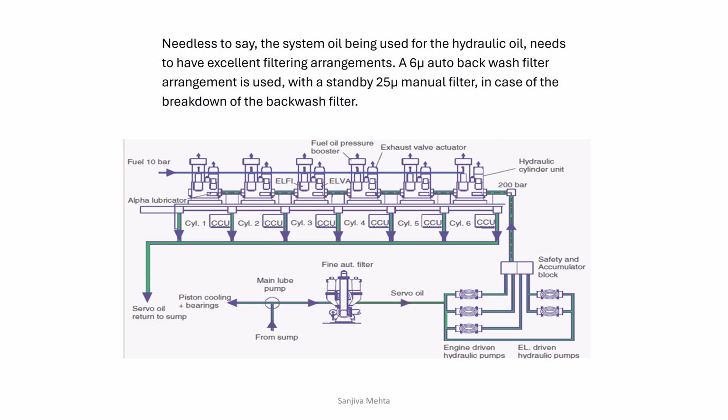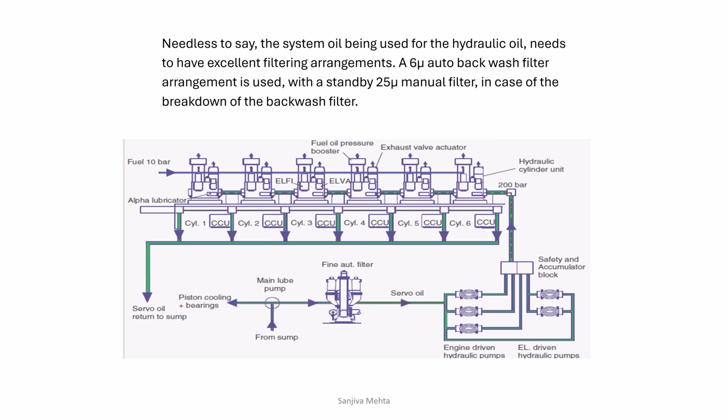Needless to say, the system oil being used as hydraulic oil needs an excellent filtering arrangement. That's why an auto backwash filter with 6 micron filters is used, with a standby 25 micron manual filter for whenever something goes wrong with the auto backwash system.